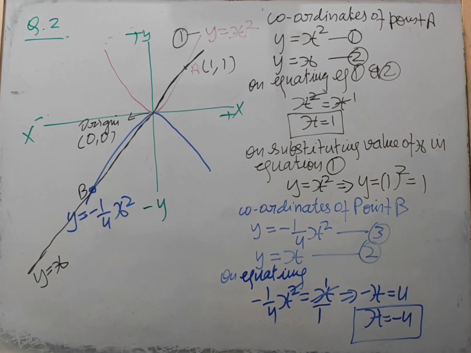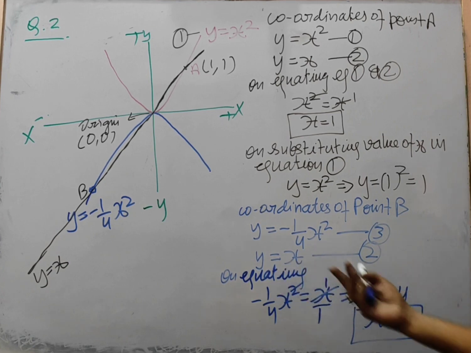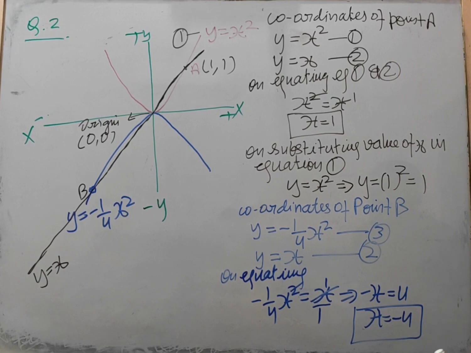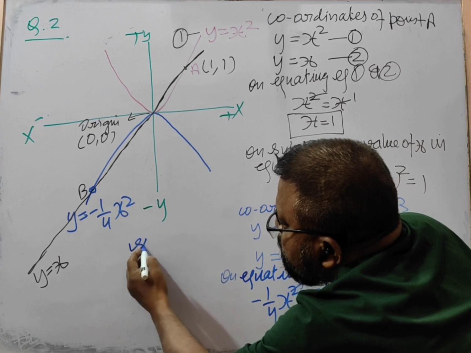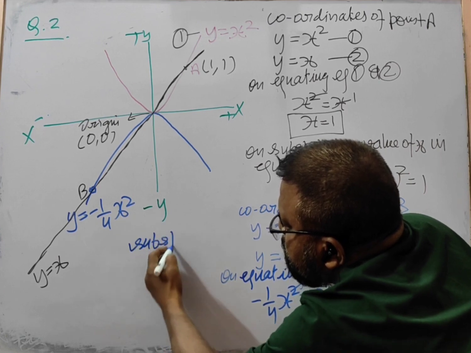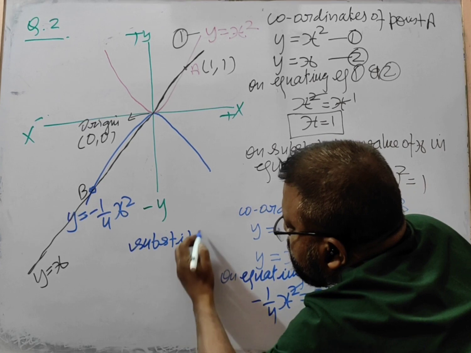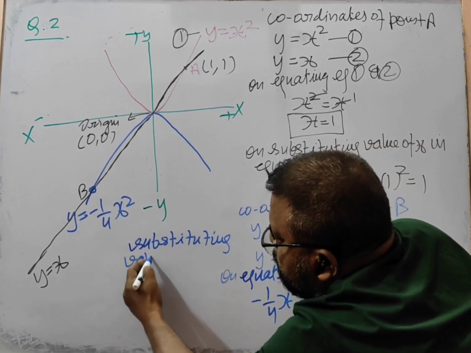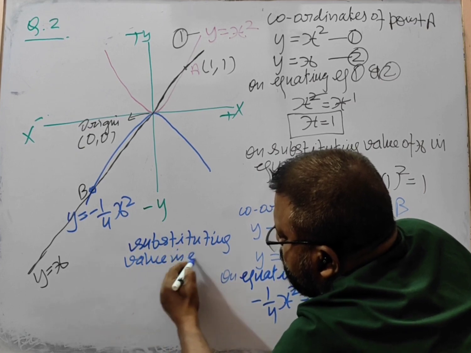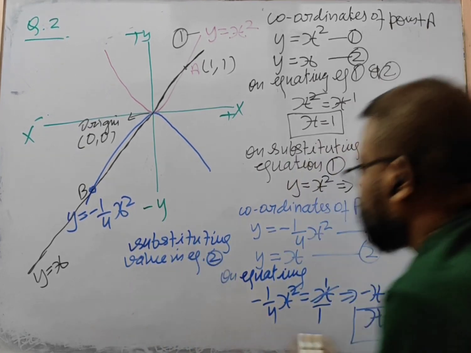So if x is equal to -4, so y will be, you know, y is equal to x. So substituting the value in equation 2, right?